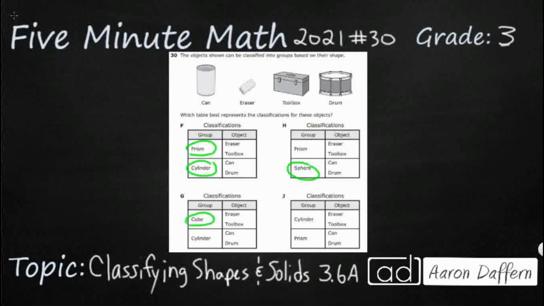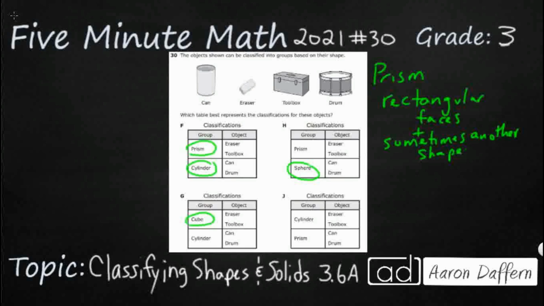So let's first look at a prism. A prism is going to have rectangular faces, and it could have all rectangular faces, plus sometimes another shape. So you can have a rectangular prism, you can have a triangular prism, but really what we're dealing with are some rectangular faces held together by sometimes another shape.